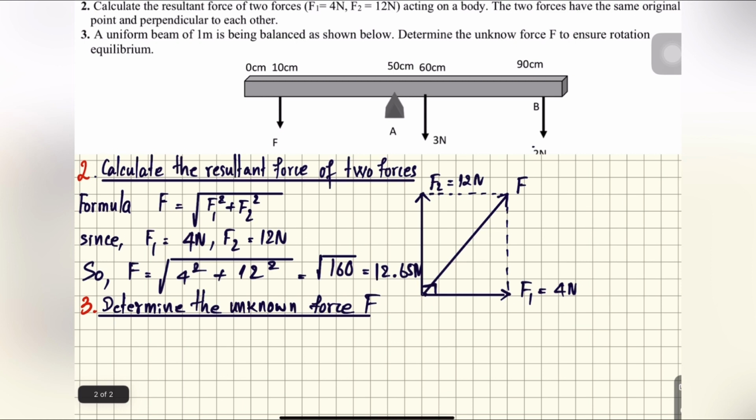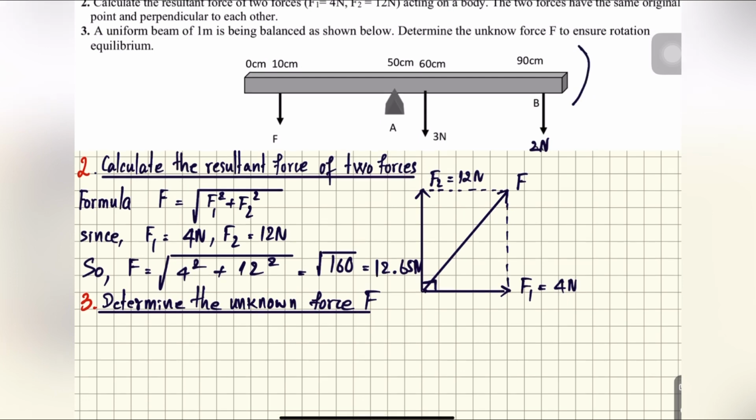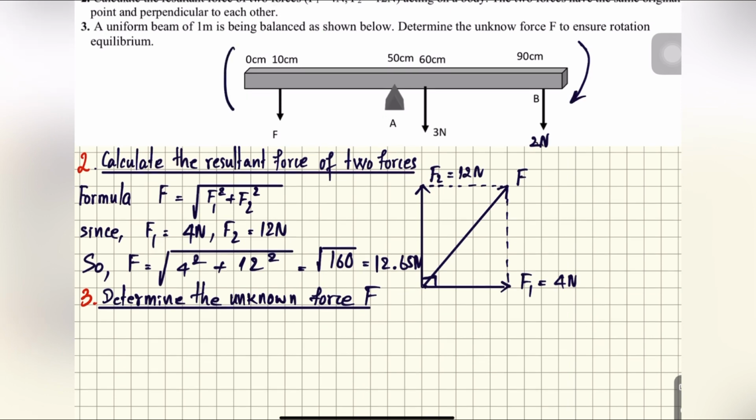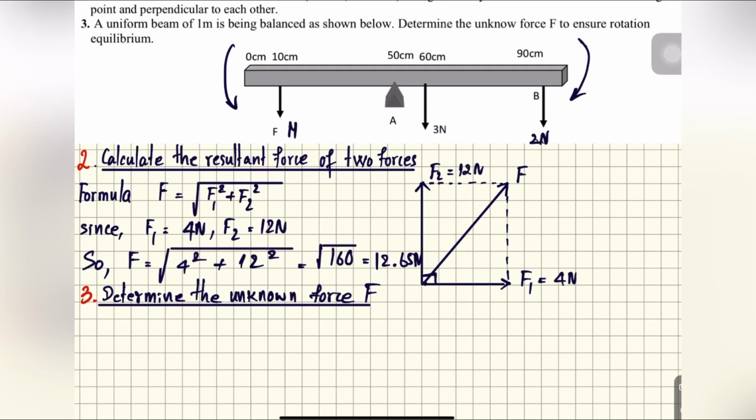Here is 2 newtons. A moment in clockwise is a moment that rotates in the forward direction. A moment in anti-clockwise is the moment on the left side of the uniform beam. We're gonna label this one as M, this one as M1, this one as M2.